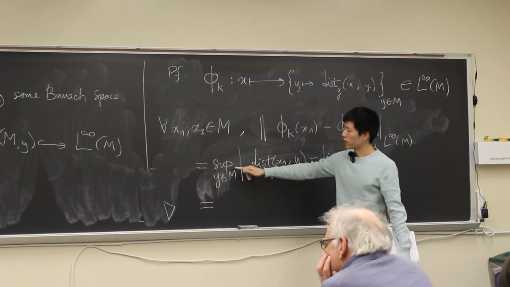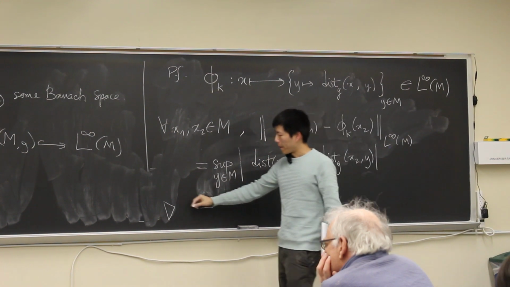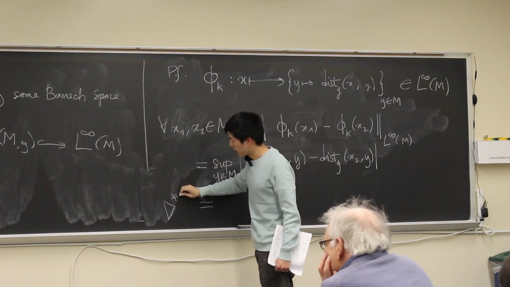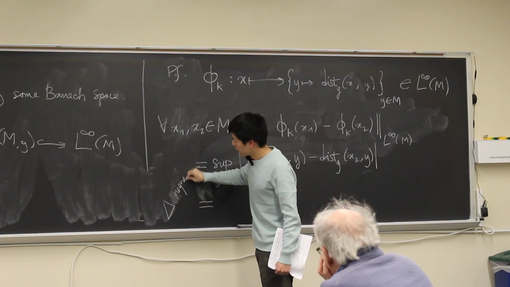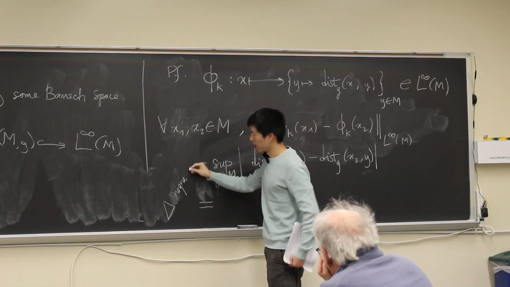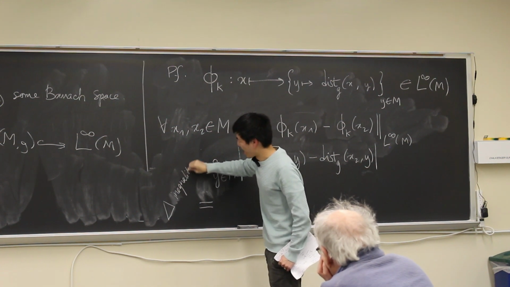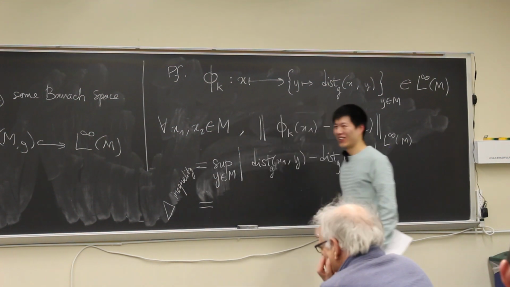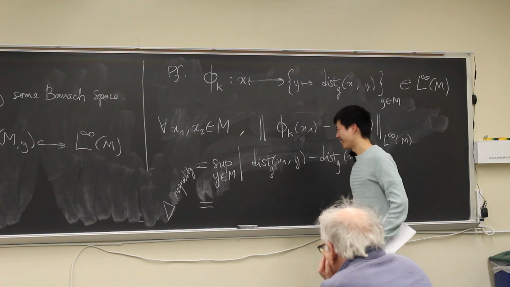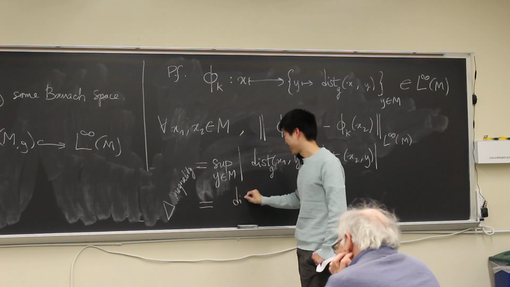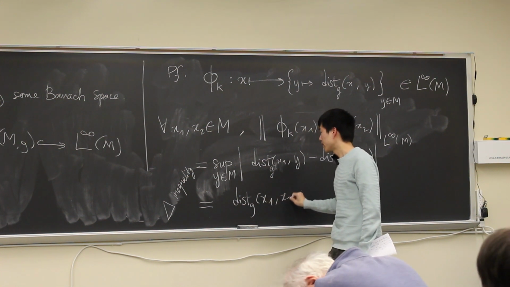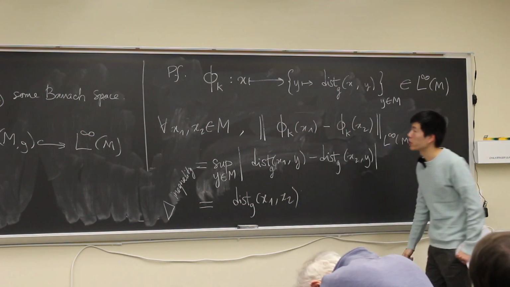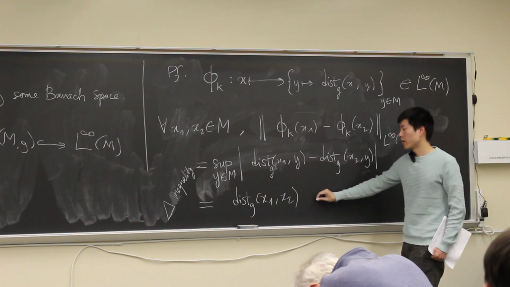But we're interested in the supremum. However, using the triangle inequality, it's exactly the distance between x1 and x2. And so it's a global isometry.